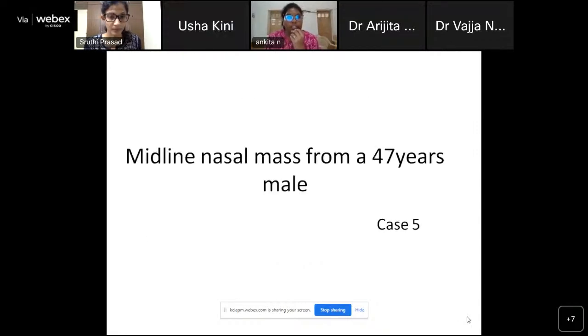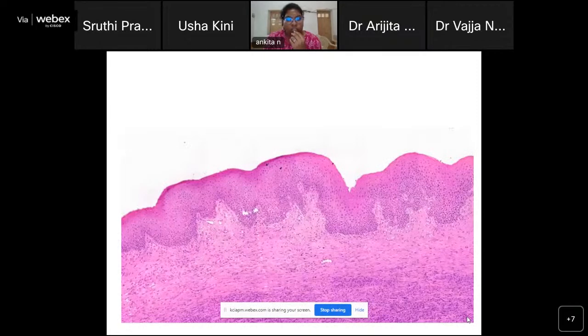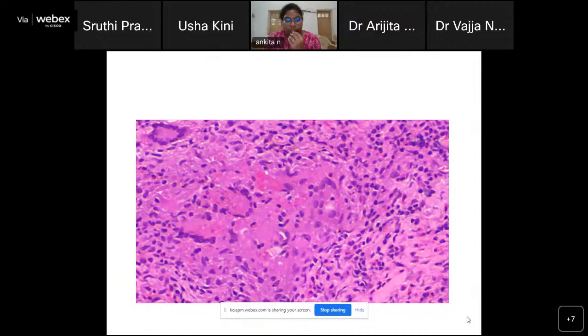History given to us was midline nasal mass from a 47-year-old male. The lining epithelium here is stratified squamous epithelium. Beneath that, there is an ill-defined granuloma consisting of epithelioid cells, multinucleated giant cells, surrounded by lymphocytes.